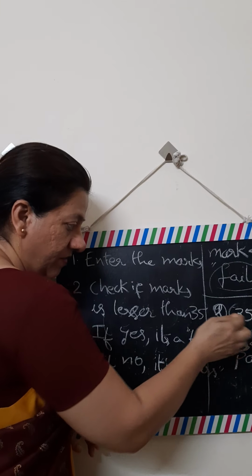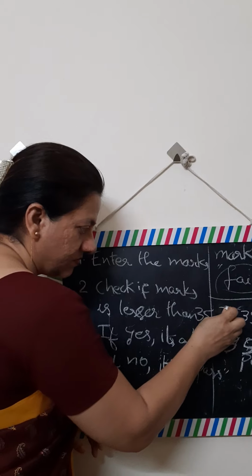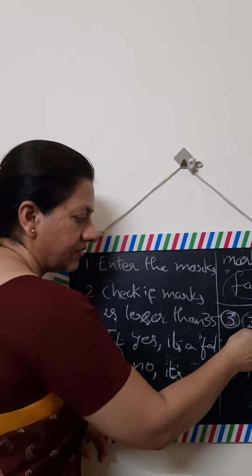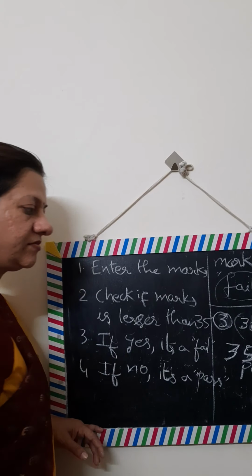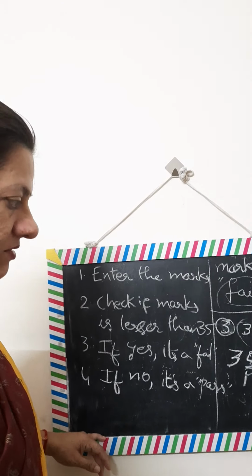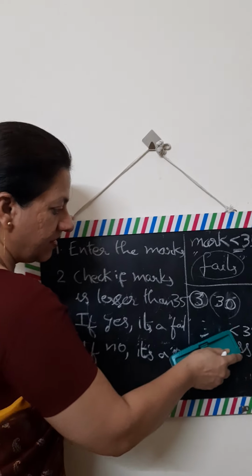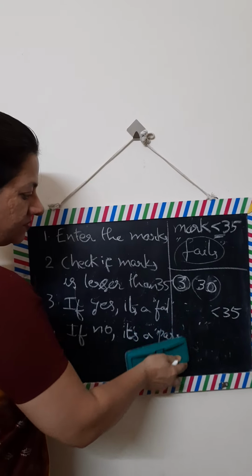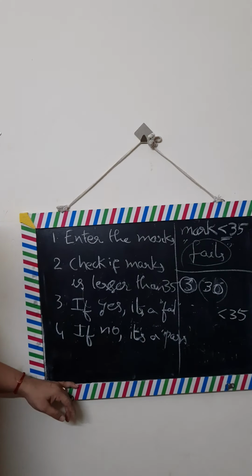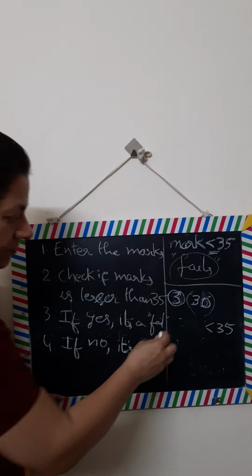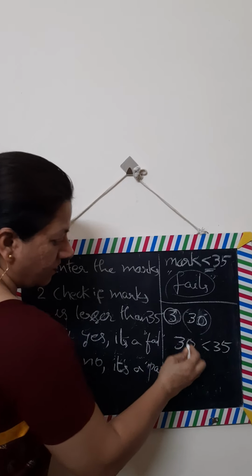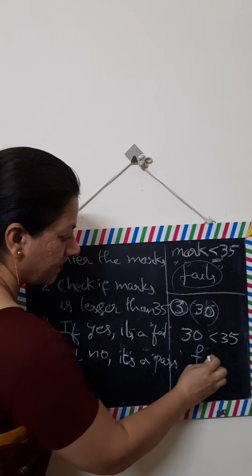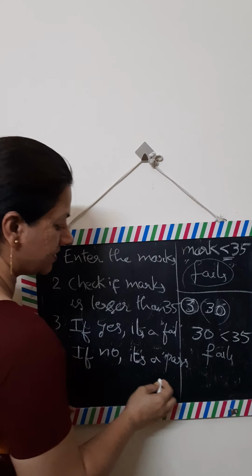Let's suppose in my third scenario, I am taking this as 30. Now what happens if 30 is less than 35? Now 30 is less than 35. The condition is the student fails.